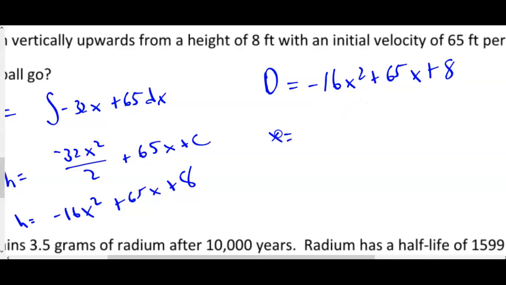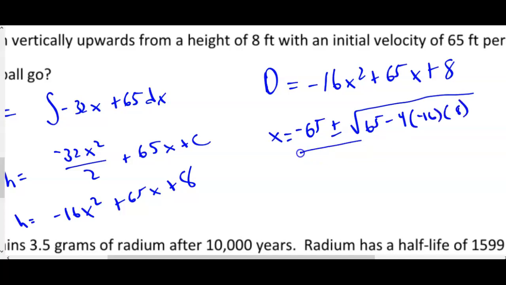So we're gonna say x equals negative b plus or minus the square root of b squared minus 4 times a times c, and put this whole thing all over 2a. My advice: do the top first, then the bottom. But when you plug that in, you get x equals negative 0.12 and x equals 4.2.